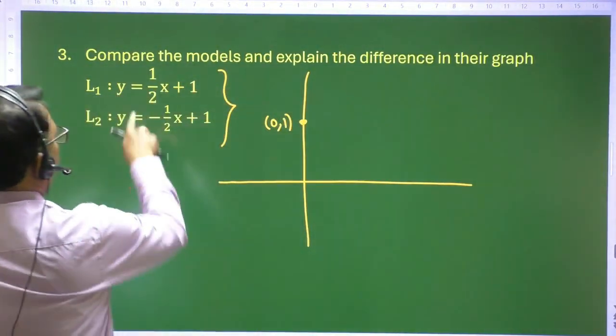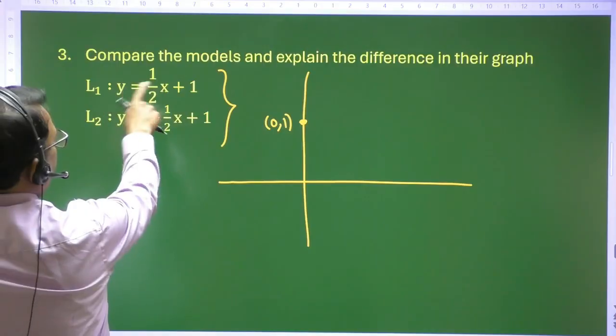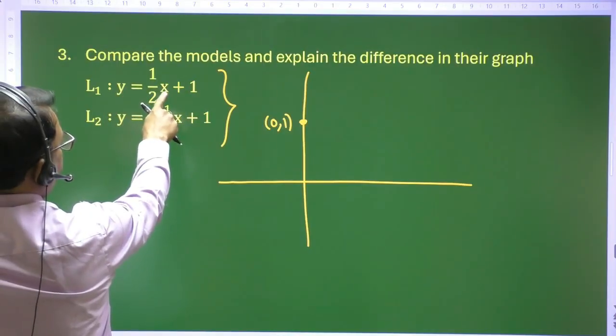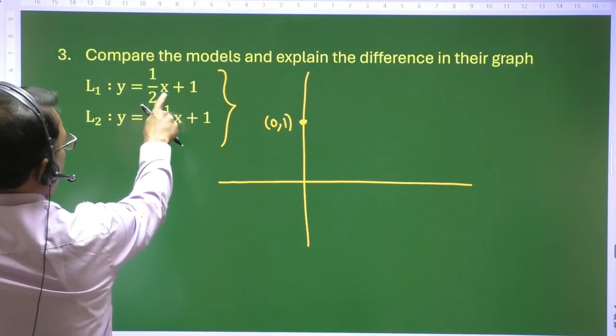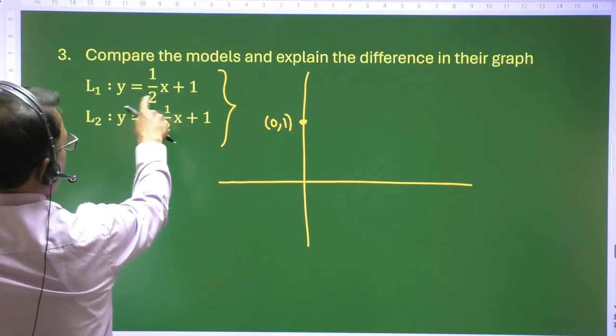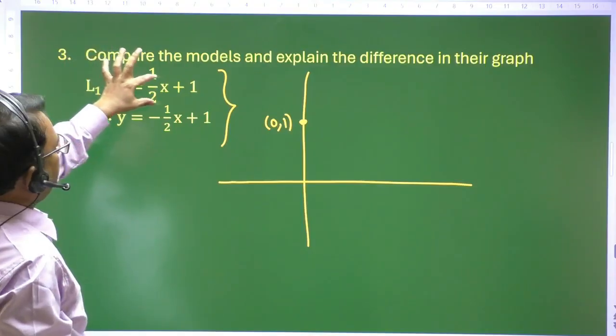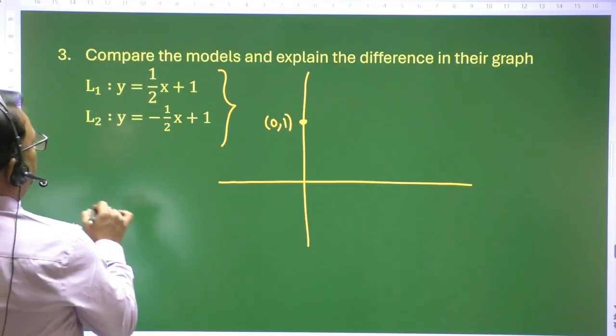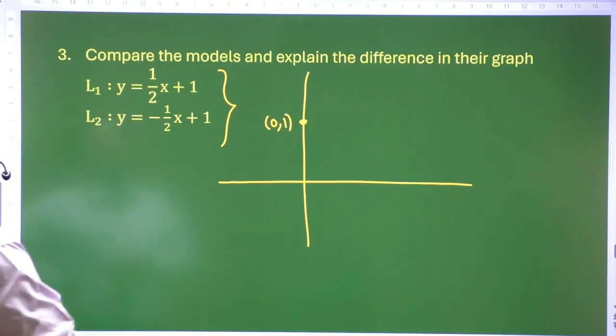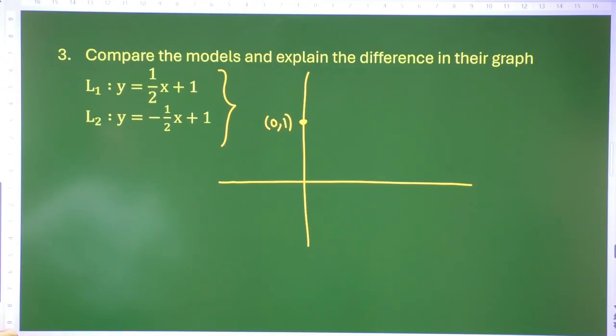Okay, when you put x equal to 0, you get y is 1. Either you can put y is 1 also, then half of x plus 1 is equal to 1. That means half of x is 1 minus 1, 0, then x is 0.